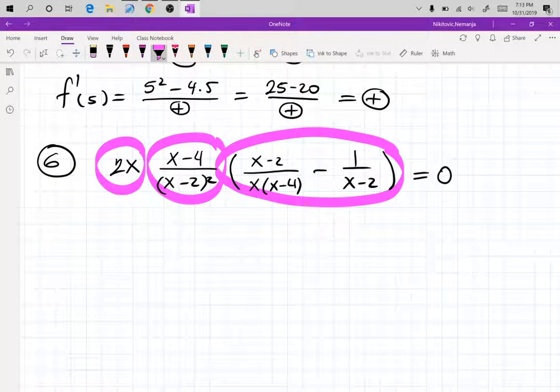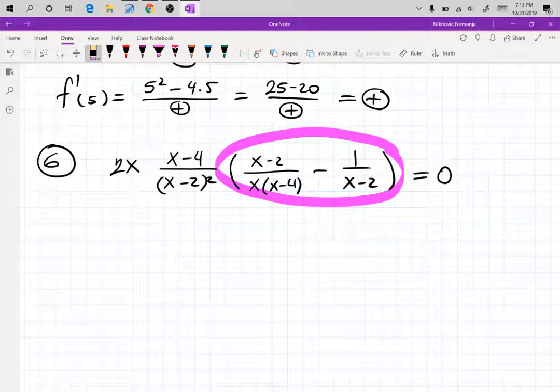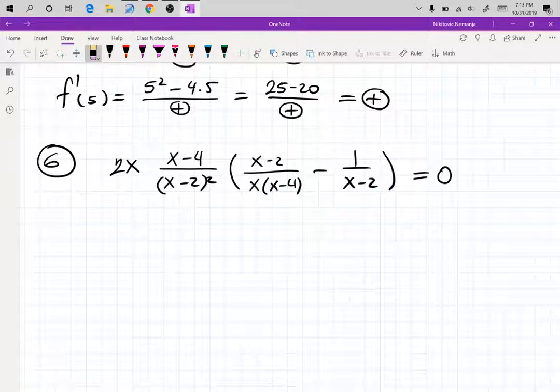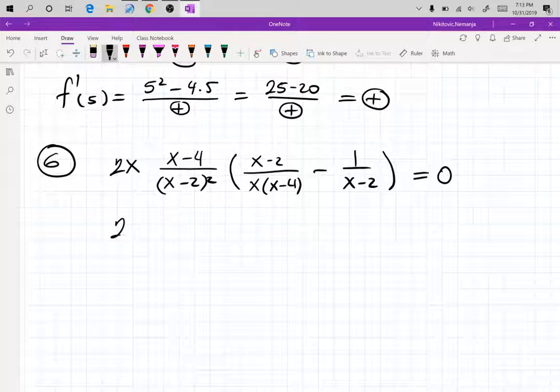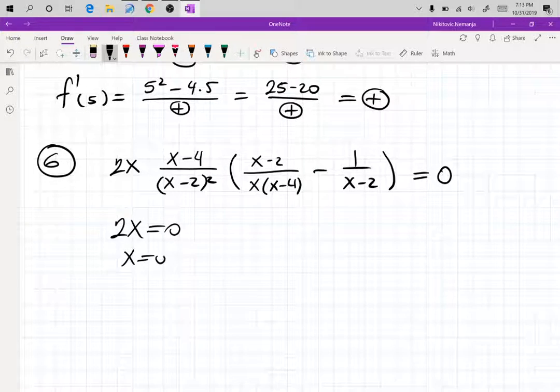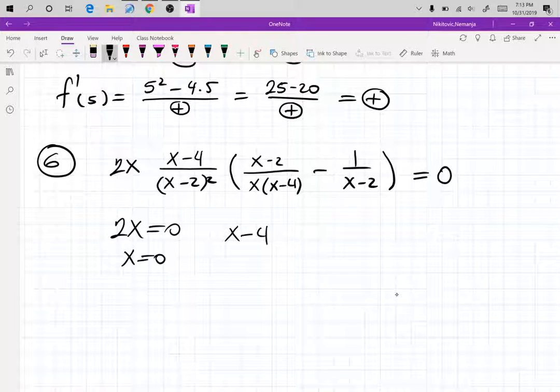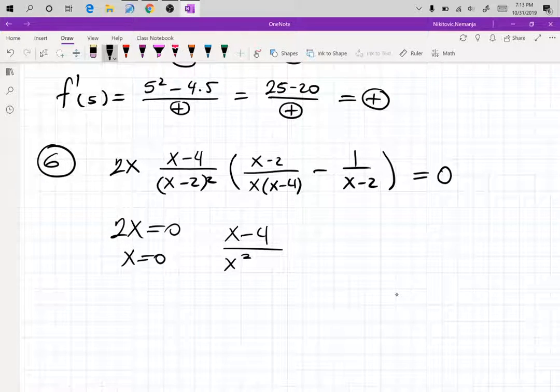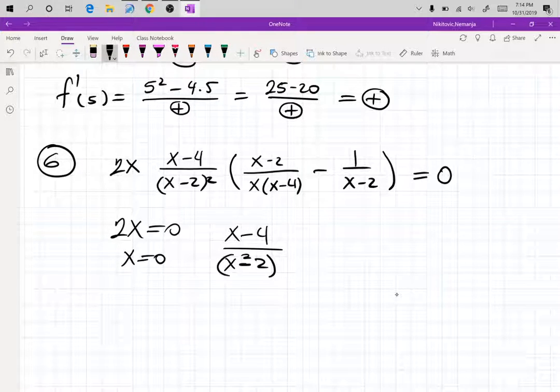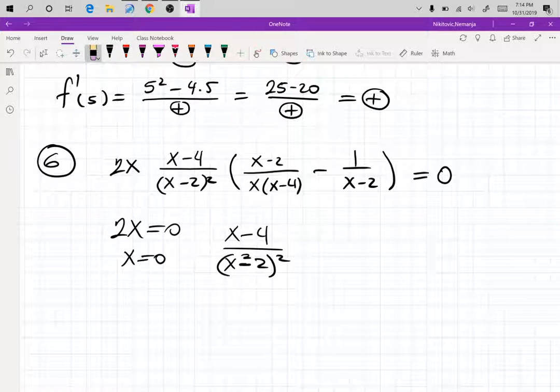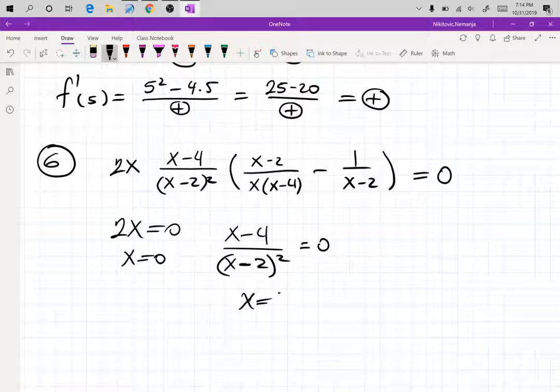And these denominators, when you cross multiply, they all die. So these are very simple equations. 2x equals 0, x equals 0. x minus 4 over x minus 2 squared equals 0, x equals 4.